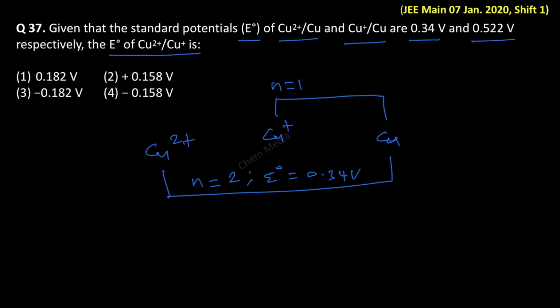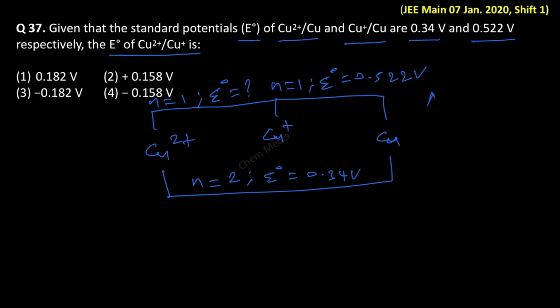So therefore, N value is equal to 1 here, and for this one the E naught value is given as 0.522 volt, and we need to figure out the E naught value for copper 2 plus becoming copper plus. For that also we require only 1 mole of electrons, and E naught value we need to figure out.